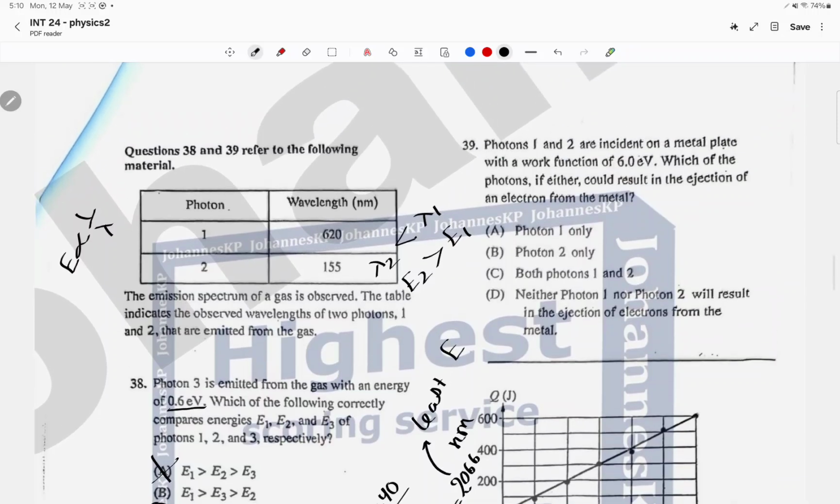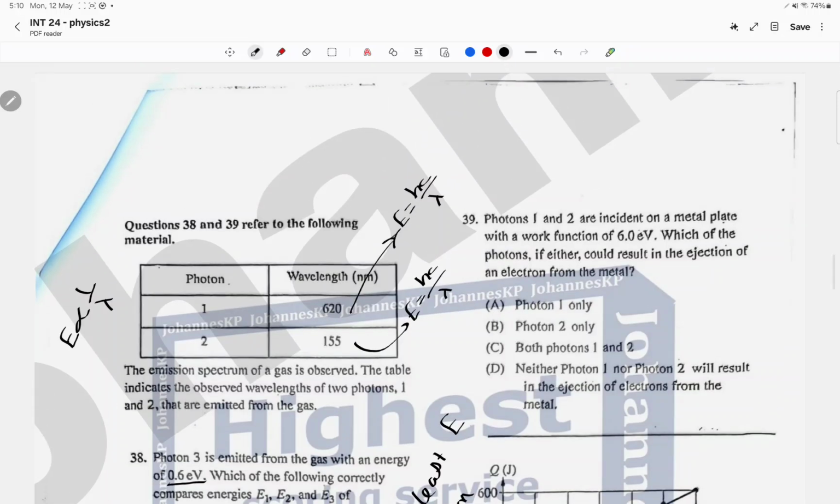Photons 1 and 2 are incident on metal with a work function. Okay, we should actually use the wavelength to find their energy. E is equal to hc over lambda. Do it for both. Because your wavelength is in nanometers, 1240 over 620, and 1240 over 155.